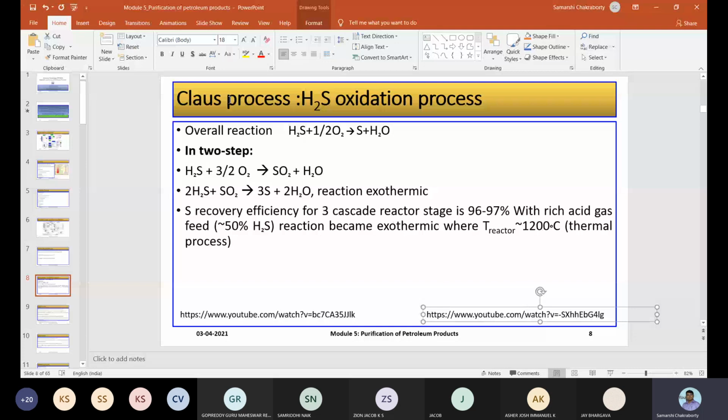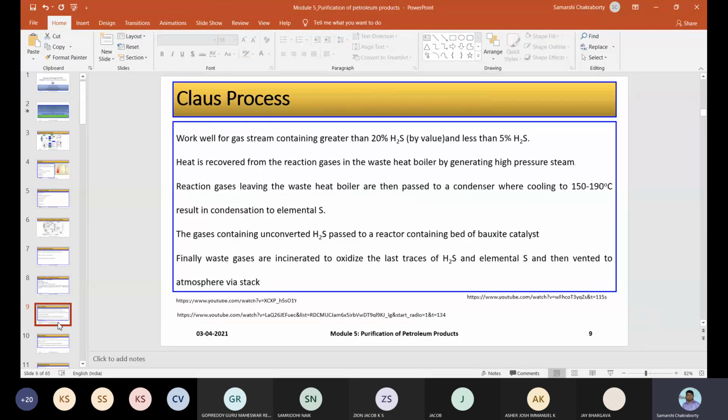This reaction is exothermic in nature, and the reaction temperature and so on we had already discussed in our previous classes, so I'm not repeating the same thing again.